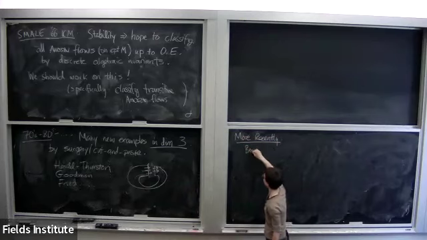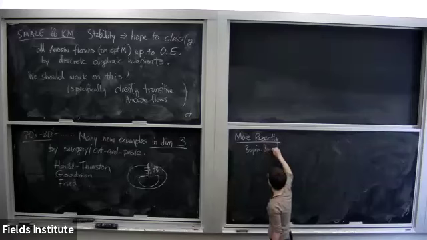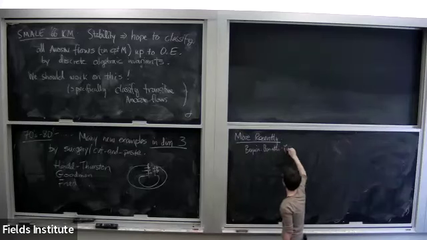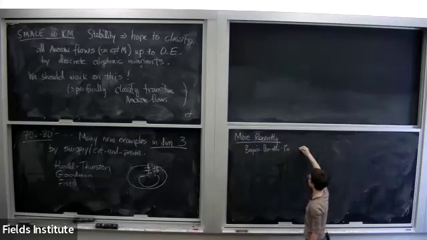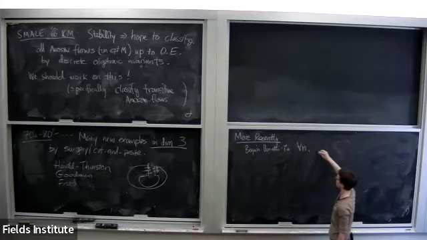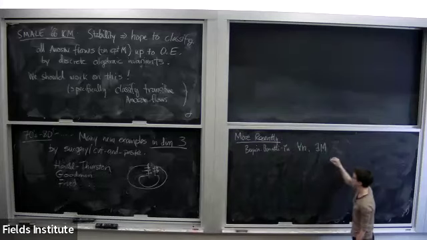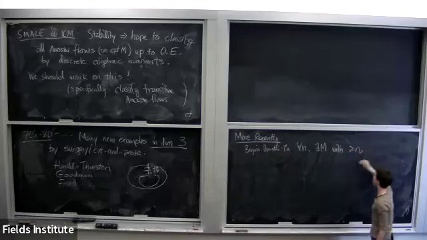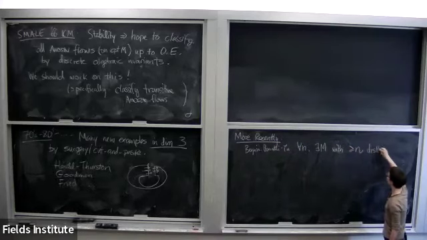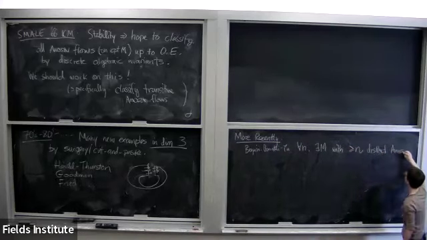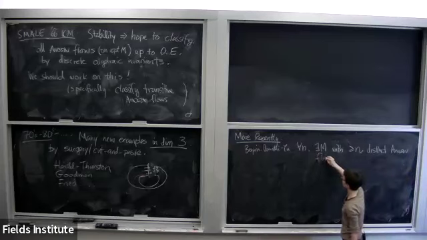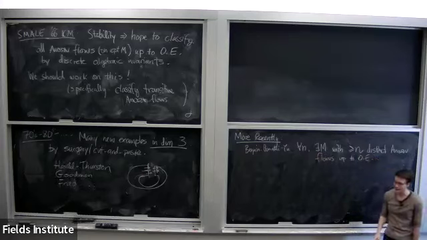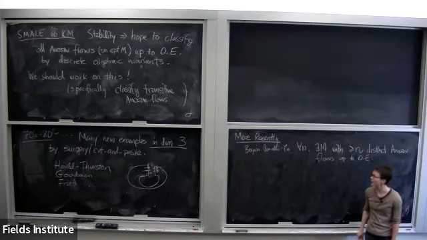So for instance, Béguin, Bonatti, and Yu gave examples where if you give them a number, so for any number n, they can build you a manifold that has at least n distinct Anosov flows up to orbit equivalence. So at least n distinct orbit equivalence classes of Anosov flows.